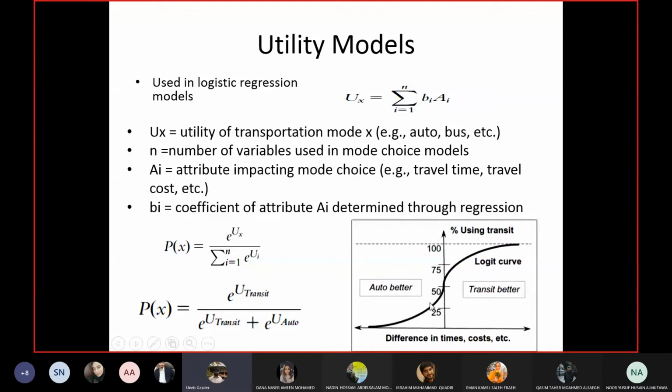So for example, if you are calculating the probability of transit and you get a value more than 50%, that means transit is better. If your value is less than 50%, that means auto or the car was better. This is how you decide which mode the traveler will choose. You calculate the probability using the logistic function. If the value is more than 50%, then this mode is better. If the value is less than 50%, then the other modes may be better.